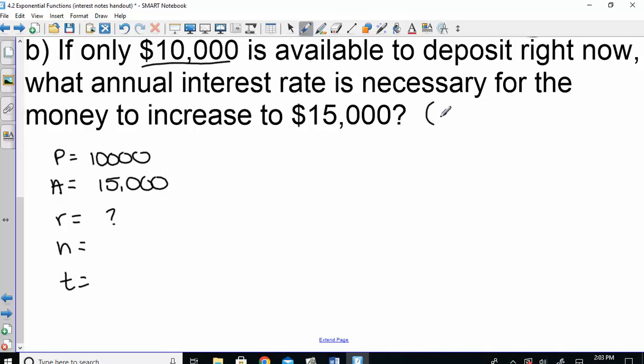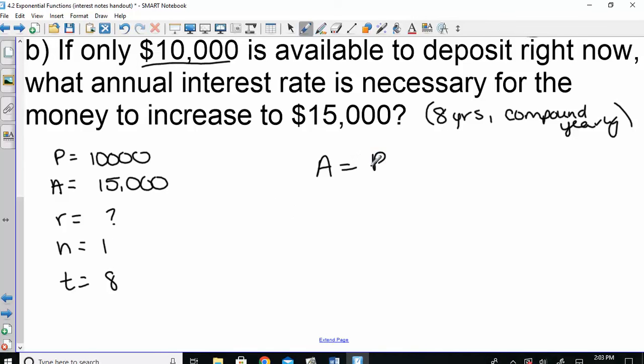I kind of left off some information, didn't I? Let's assume we had the 8 years and we're going to compound annually. So my number of times a year would be 1 and my time would be 8.